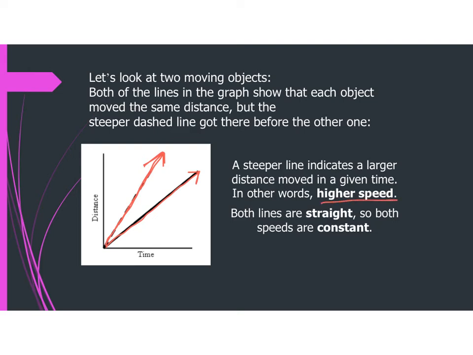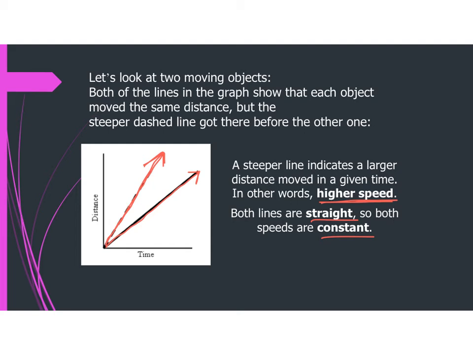Basically, you're going at higher speeds. So you are still going in a straight line, and it's still a constant speed, but you're just going faster.